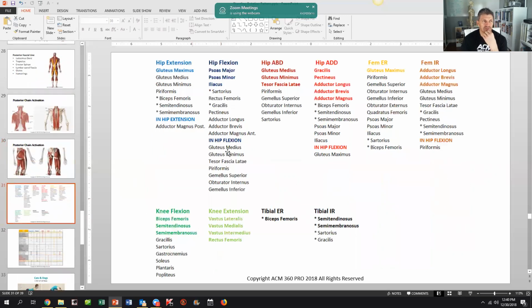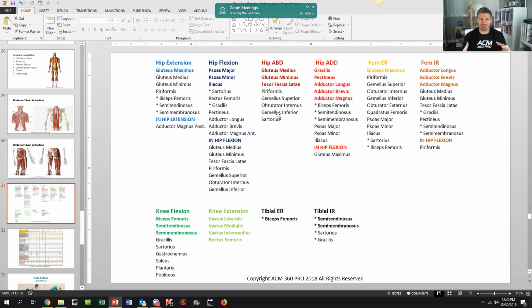I've included this diagram again with all of the muscle activations and actions, and then obviously the ones in bold or the color are the prime movers. So just kind of keep this in mind as you're looking at internal rotation. If you've got limitations in one, that means you've probably got overactivation of the other group. And it's not a matter of just stretching that tight muscle group.